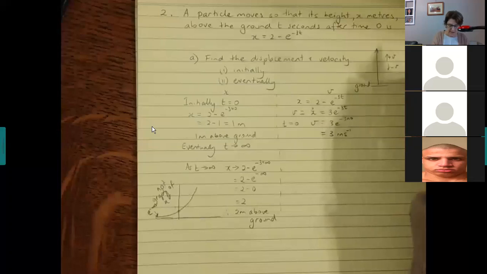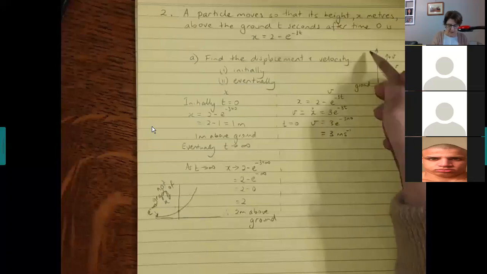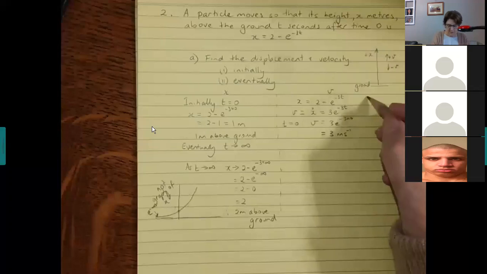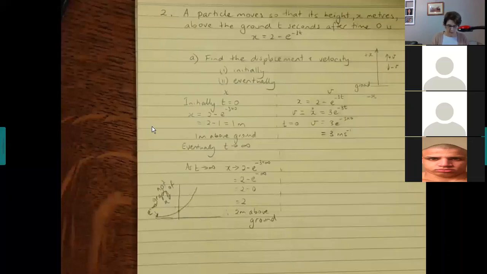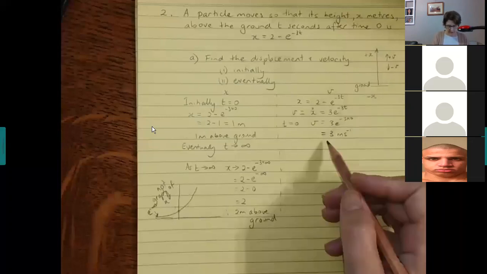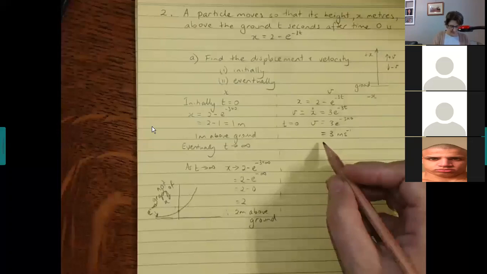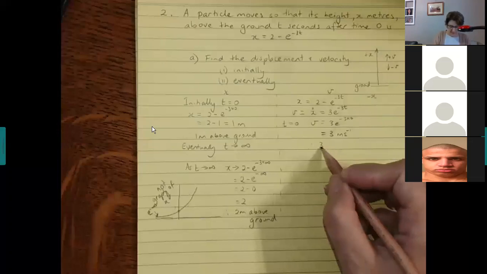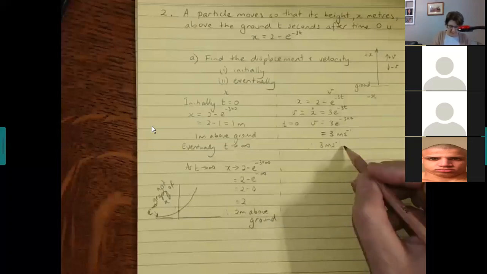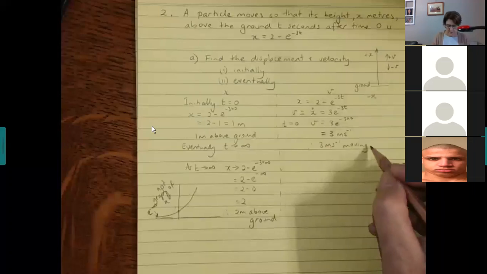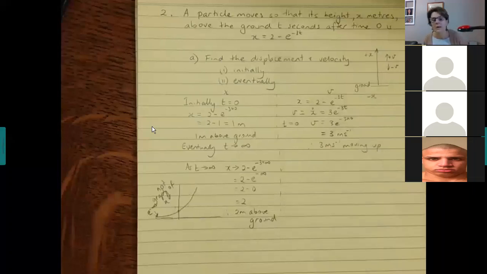Anything above ground we're treating as positive x, anything below ground we'll treat as negative x. So that's 3 meters per second moving up. Previously we've talked left and right.